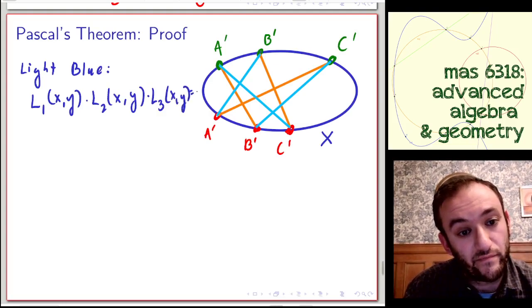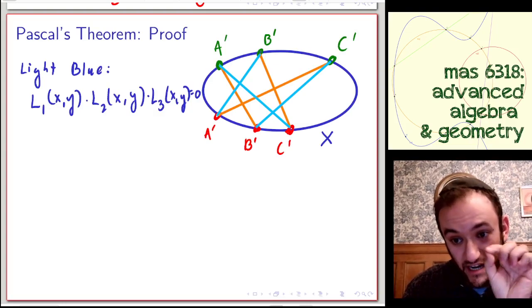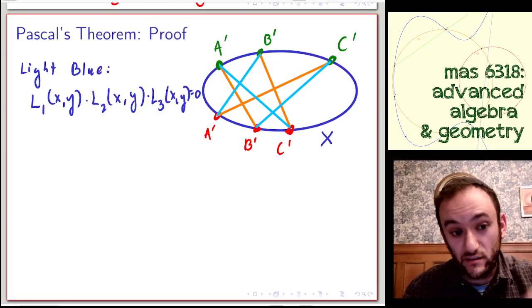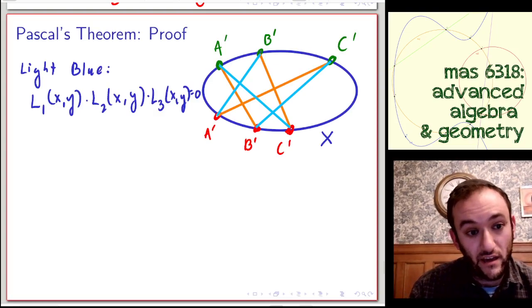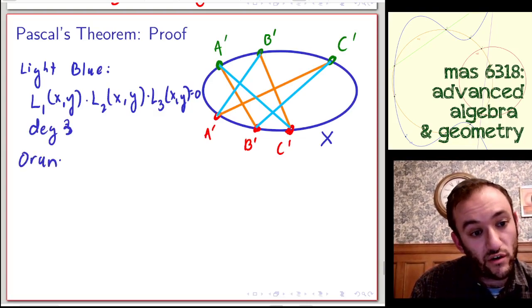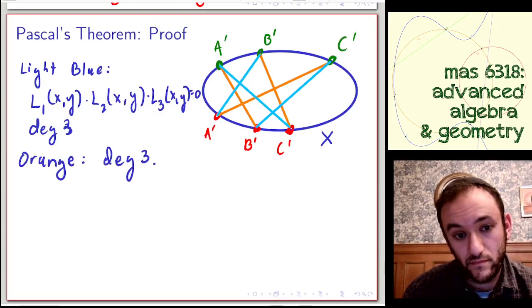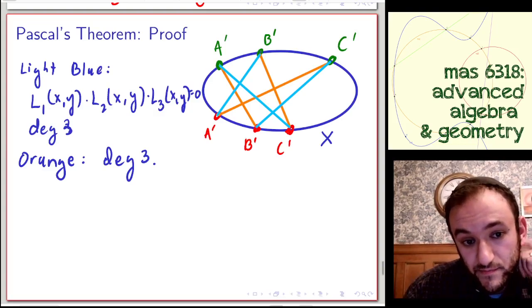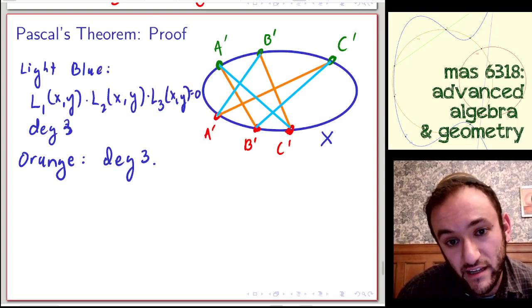Because taking any point on any one of those 3 lines causes one of those factors to be 0, which means all 3 go to 0. So this is degree 3. Similarly, orange is also degree 3. And where do orange and blue intersect?